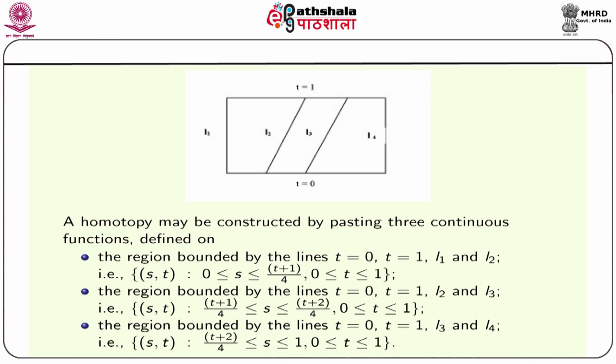And in the third region, bounded by the lines t equal to 0, t equal to 1, L3 and L4, that is the region of all points (s, t) such that s lies between (t+2)/4 and 1 and t varies between 0 and 1, it should be the gamma function.